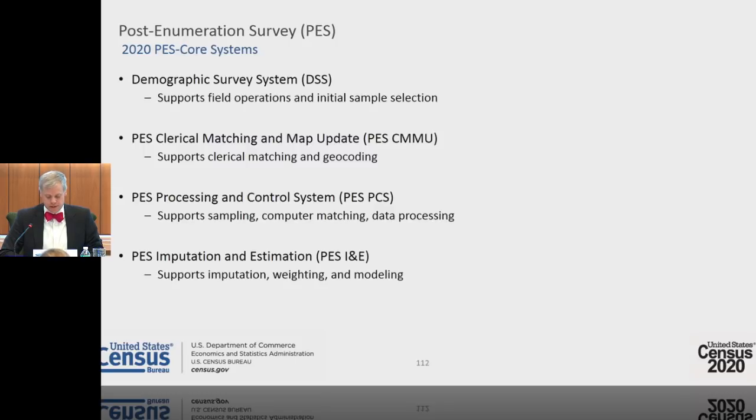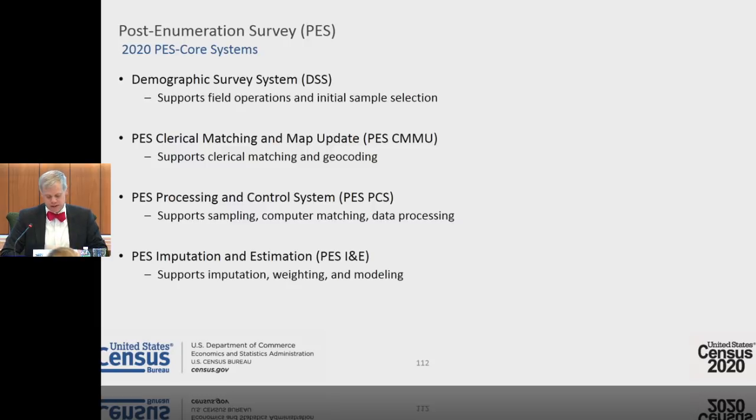Although there are dozens of systems supporting the PES, there are 4 core systems that are not used by other decennial operations. These systems are the demographic survey system, the PES clerical matching and map update system, the PES processing and control system, and the PES imputation and estimation system.